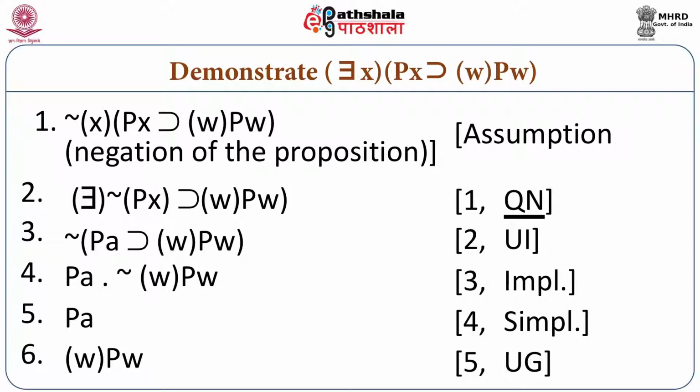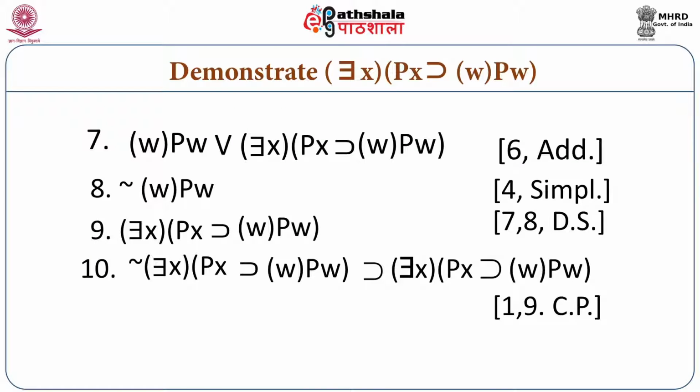From pa, we can apply another rule, which is universal generalization. We have step number 6: for all w, w is p. Now from step number 6, we can apply the rule of addition. So we have either for all w, w p, or there is an x such that x p implies for all w, w p.